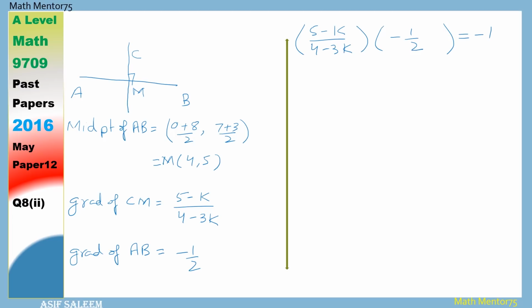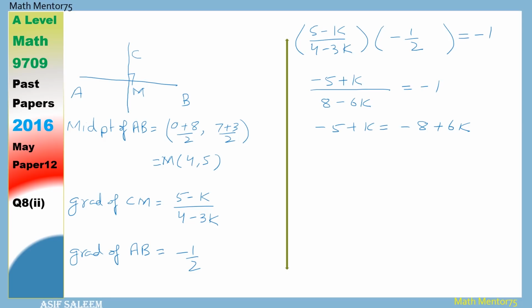Now simplify this, multiply the numerators. So we have -5 plus k, and the denominators we have 8 minus 6k is equal to -1. Do the cross multiplication. We have -8 plus 6k.